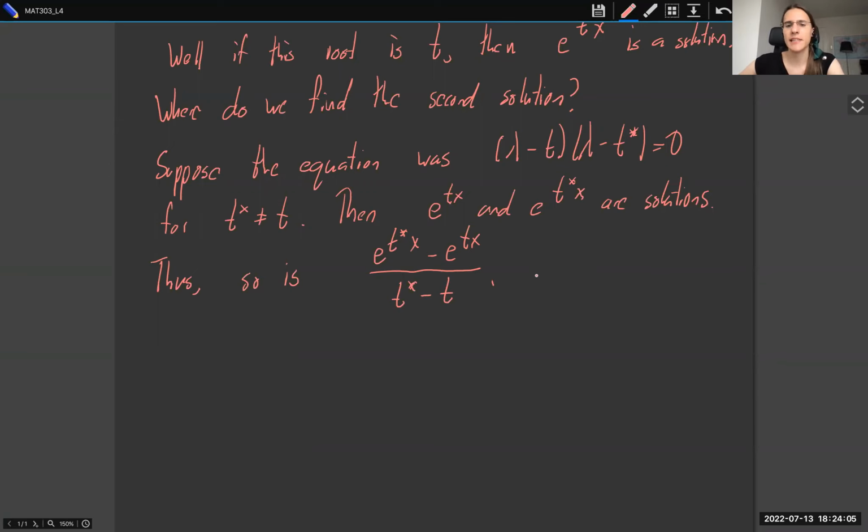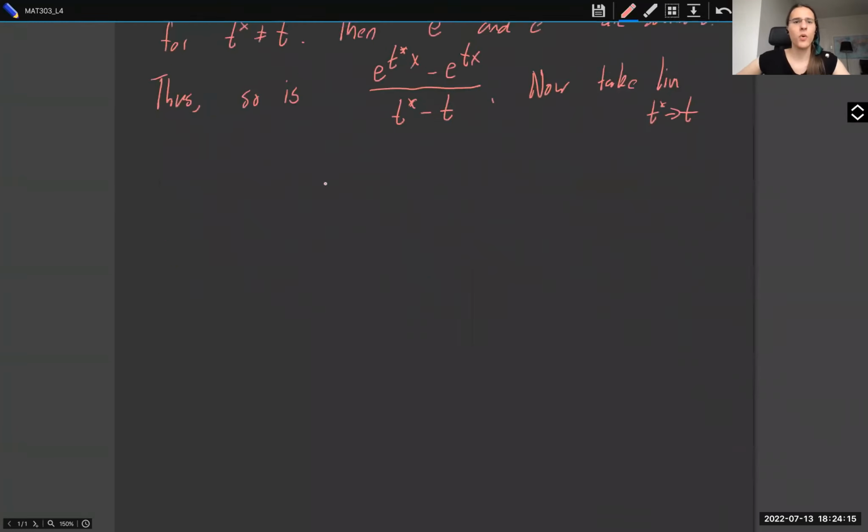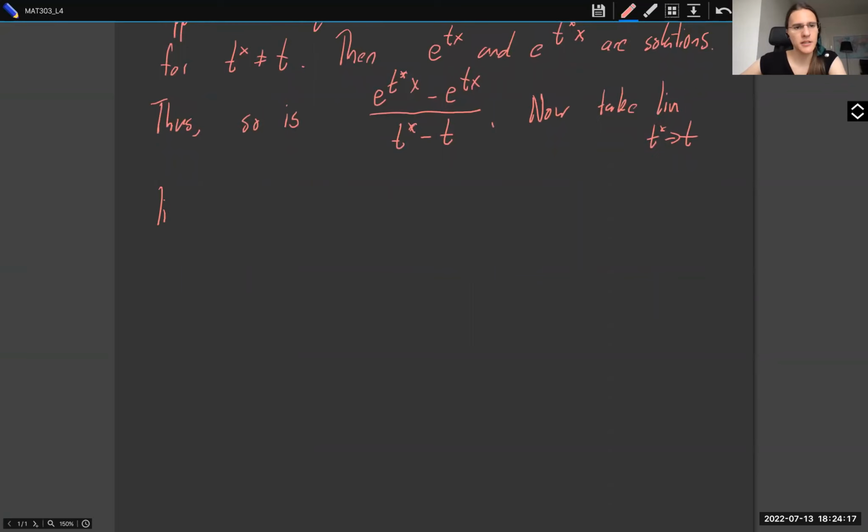Now we're going to take the limits as t star goes to t. So what we get is the limits as t star goes to t of e to the t star x minus e to the tx over t star minus t.